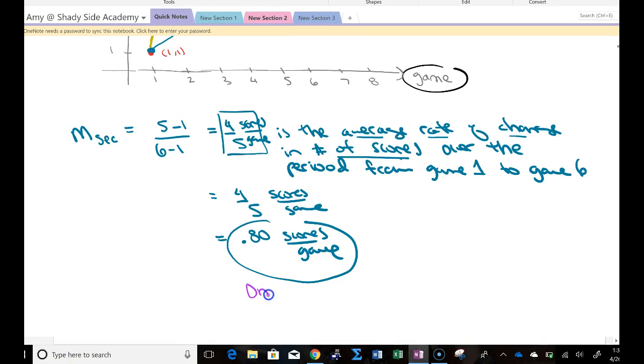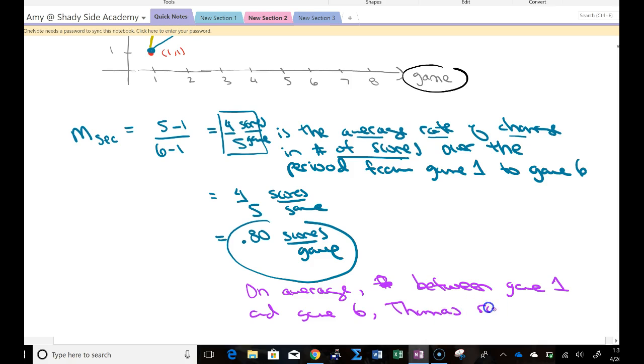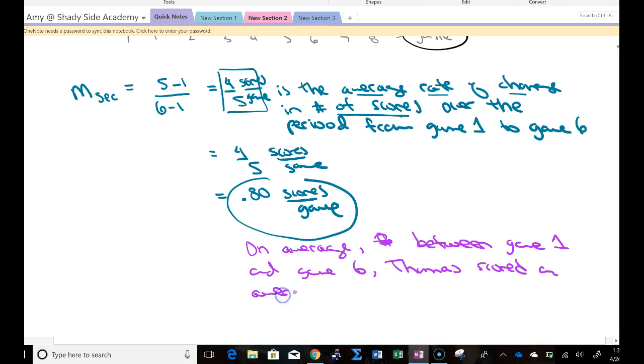On average, between game 1 and game 6, Thomas scored an average of 0.80 scores per game.